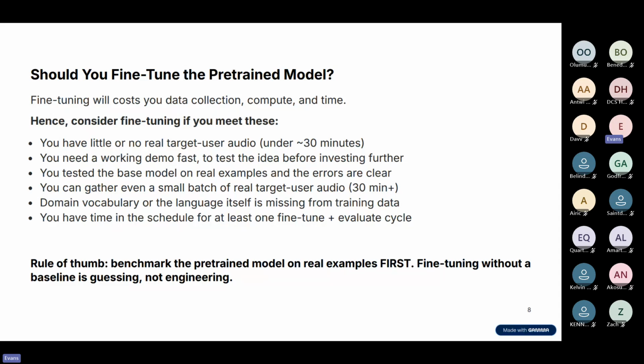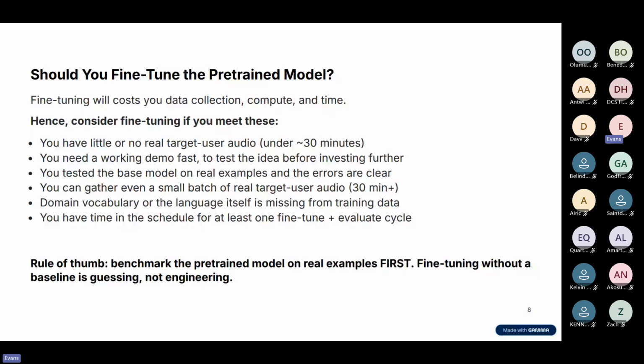Maybe in the case of ASR, you said something about school, maybe Akolani equals school or something, and then the model wasn't able to transcribe it like how you wanted. You can consider fine-tuning. But before you do all this, you have to first look at the first priority. That's your data collection.